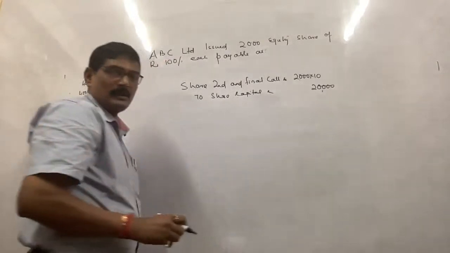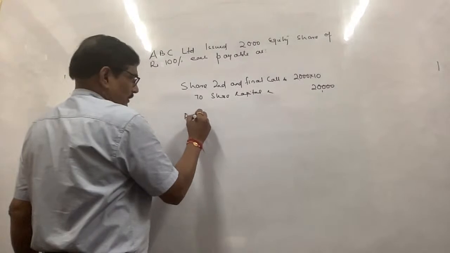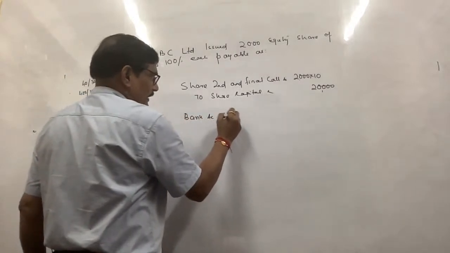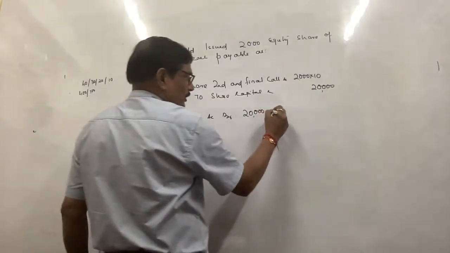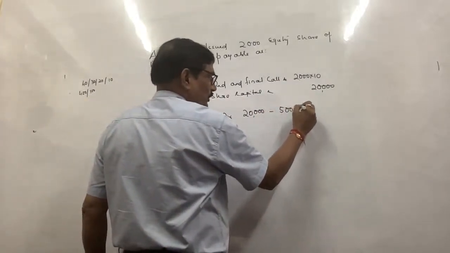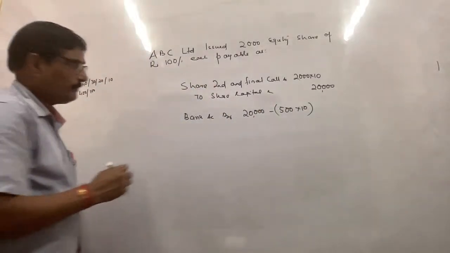Right. Then when we receive the money, bank account debit, I was supposed to receive 20,000. I will not receive 500 into 10. Bank account debited.